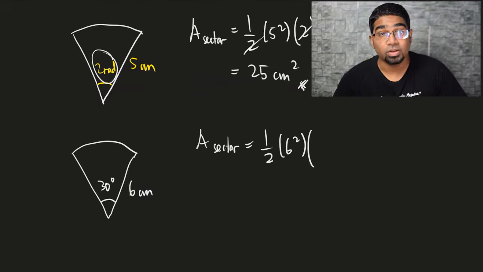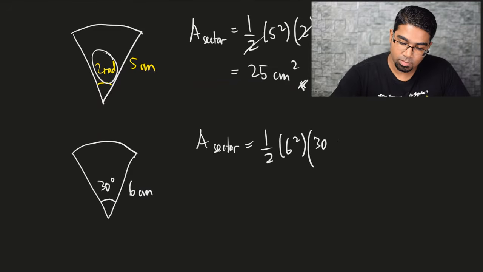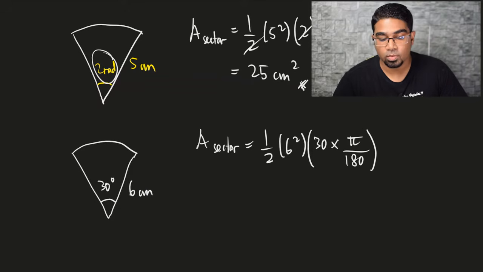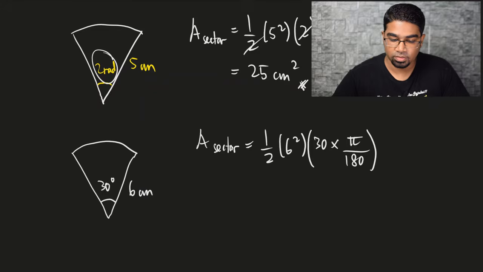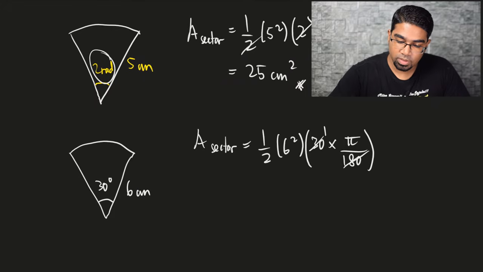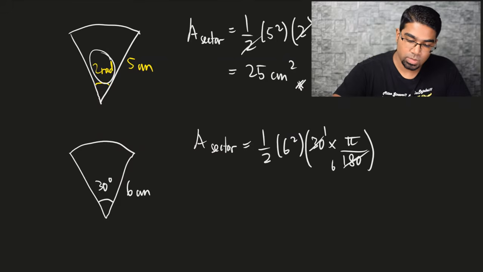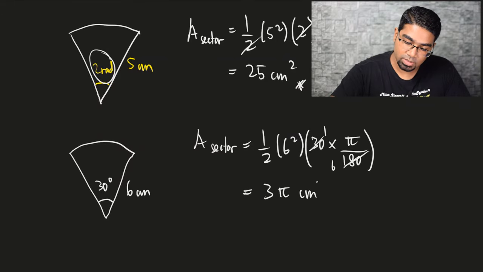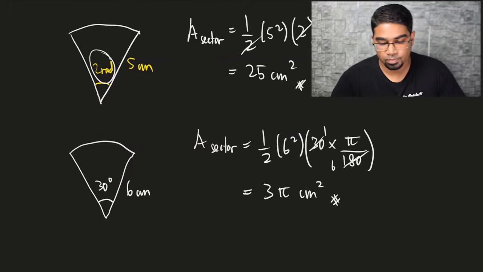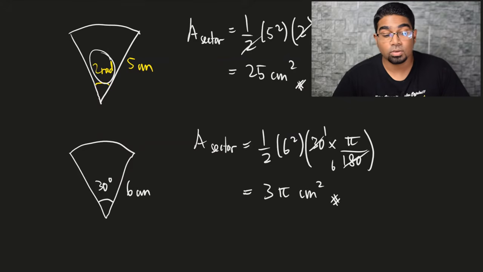Again we have to convert it to radians, so 30 multiplied by pi over 180. This is how we get the angle in radians. Then just simplify: 1 over 6, so we get 6 divided by 2, which is 3 pi centimeters square. So this is how to calculate area of sector using half r square theta.